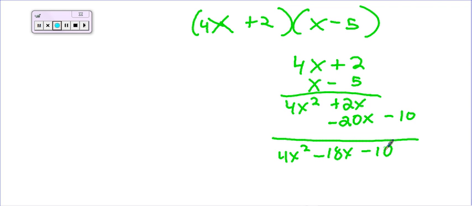Add your like terms: 4x squared minus 18x minus 10. Not too hard, is it? All you're doing is multiplying, but doing it this way sets you up for adding the like terms more easily. You have less stuff floating around. All right? Let's try another one.